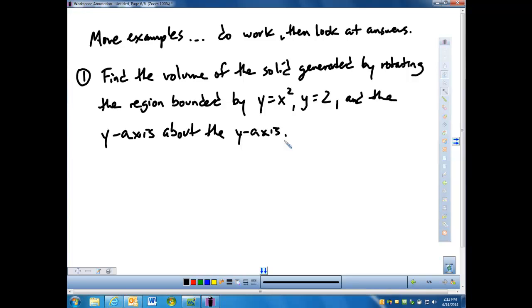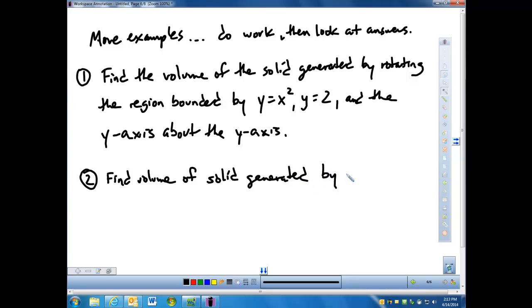And the second question, we're going to find the volume of the solid generated by rotating the region bounded by y equals 2x plus 1, the x-axis, the y-axis, and x equals 3.